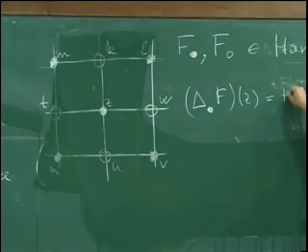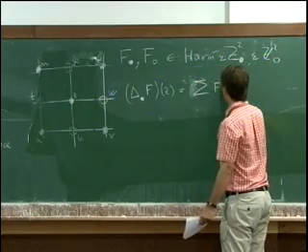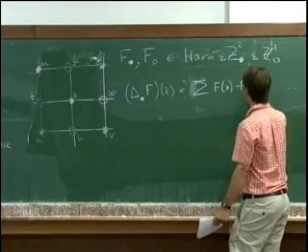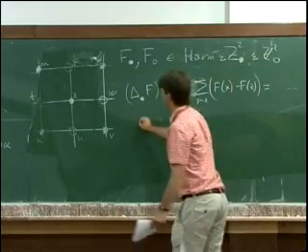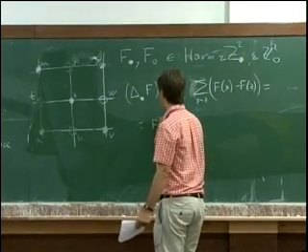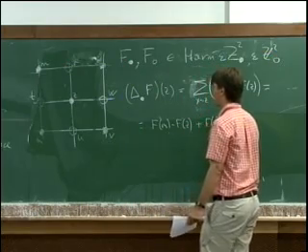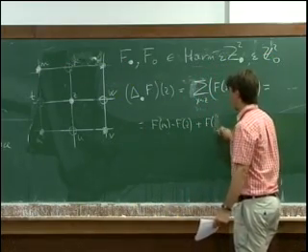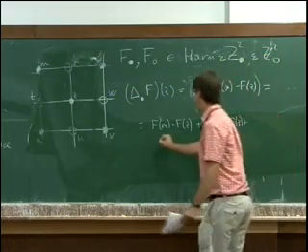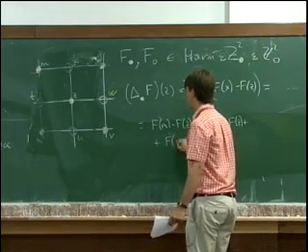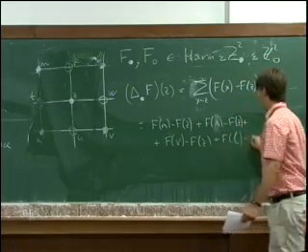So it's the sum of f of x minus f of z, where x is a neighbor of z. And there are 4 neighbors in this case, so it's f of m minus f of z plus f of l minus f of z plus f of a minus f of z plus f of v minus f of z.